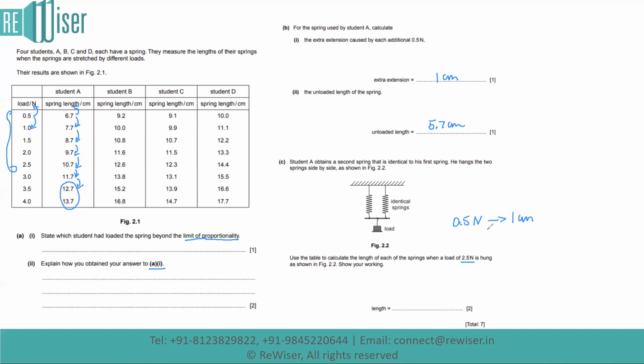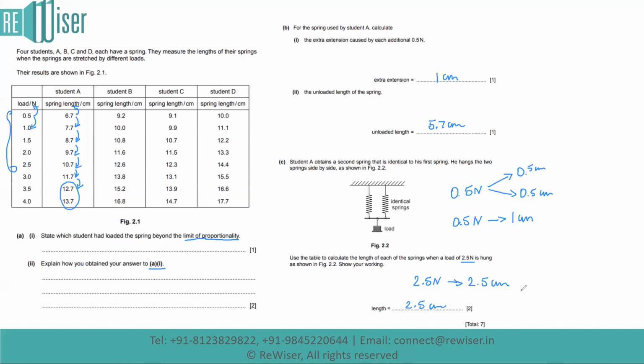But when two springs are used instead of one, and when the same load of 0.5 Newton is used, the extension is equally distributed to both the springs. Now, instead of 0.5 Newton, each spring will extend by 0.5 centimeter. So an overall load of 2.5 Newton will cause an extension of 2.5 centimeter in each spring. So to answer, the length is 2.5 centimeter.